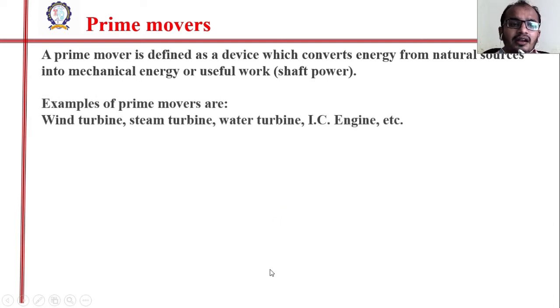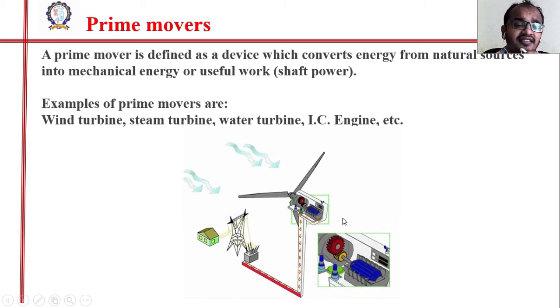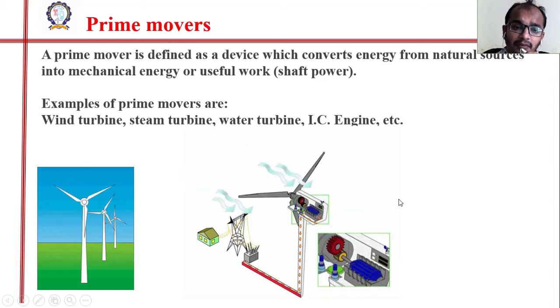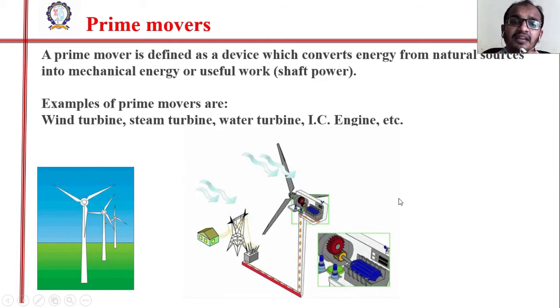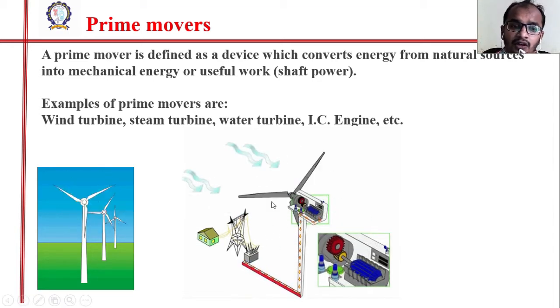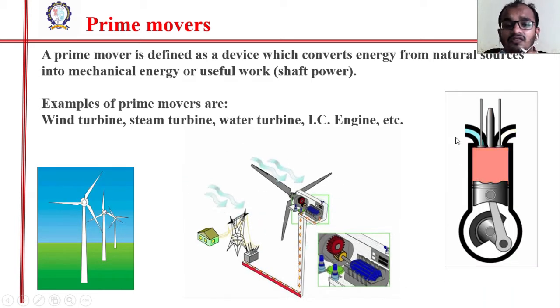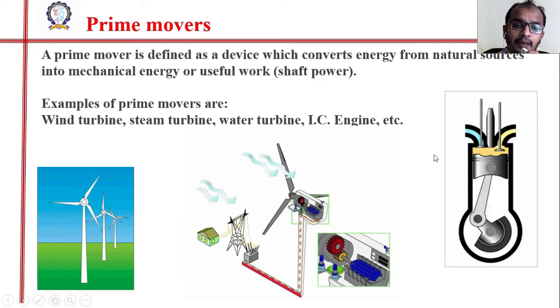Now a few examples of the prime mover: a wind turbine is the best example. Then we have also seen the steam turbine. With the help of steam, we can produce power, so that we can call a prime mover. Then the water turbine is also one example of the prime mover.